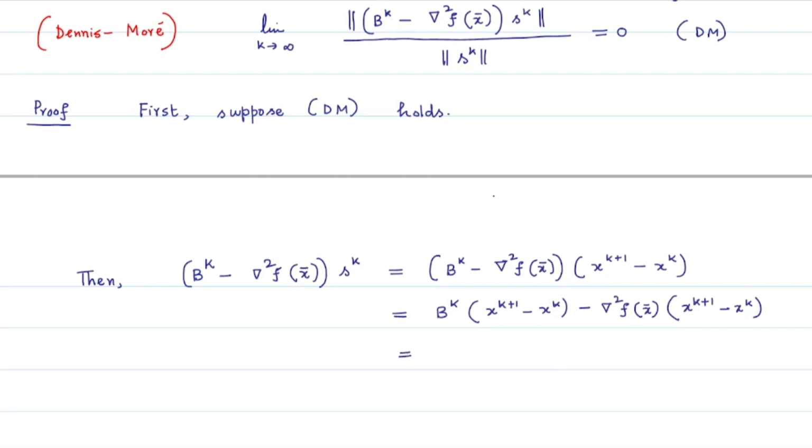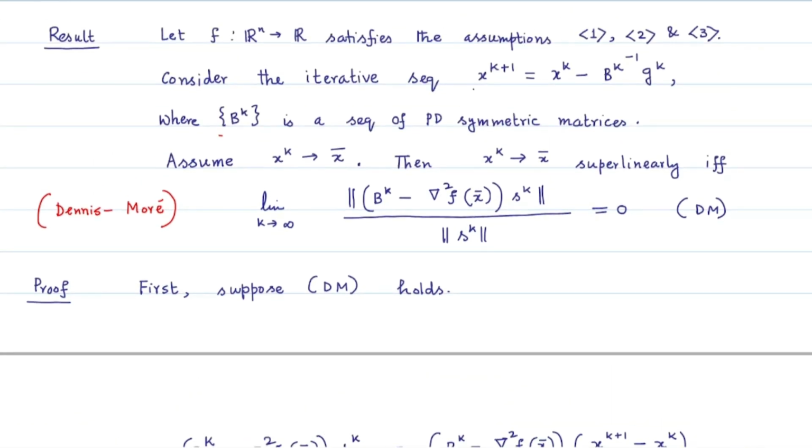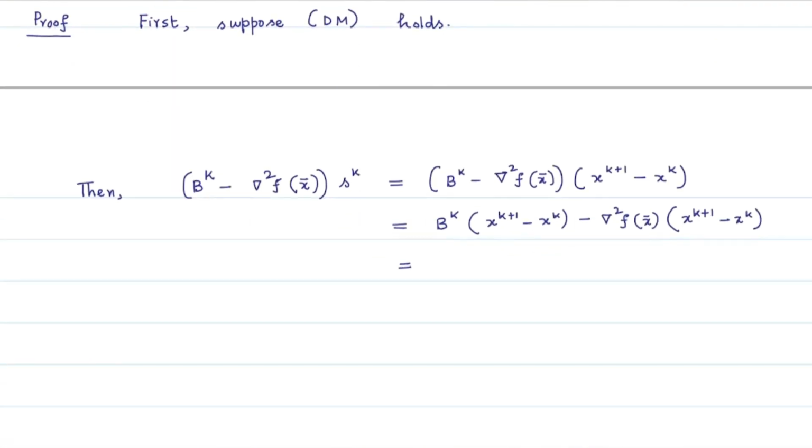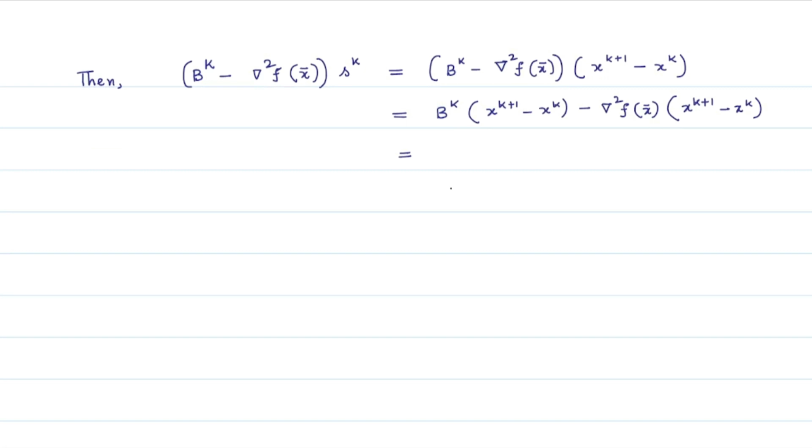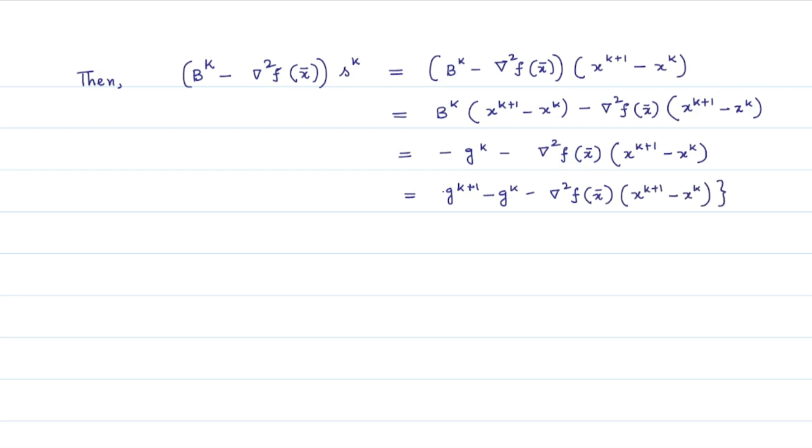which by the definition of this iterative formula, x_{k+1} equal to x_k minus B_k inverse g_k, gives us B_k times (x_{k+1} minus x_k) as minus g_k, minus the Hessian at x bar times (x_{k+1} minus x_k), which is equal to g_{k+1} minus g_k minus the Hessian at x bar times (x_{k+1} minus x_k) minus g_{k+1}.